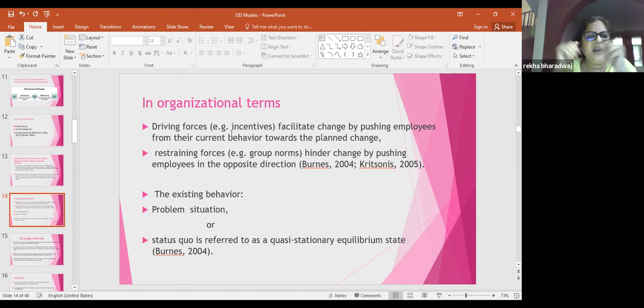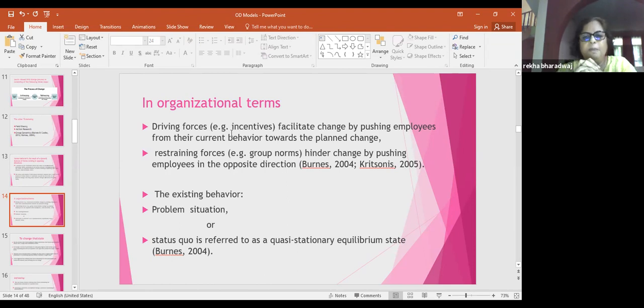And restraining forces, that is group norms, hinder change by pushing employees in the opposing direction. So that status quo, or what he calls the quasi-stationary equilibrium state, is mentioned.